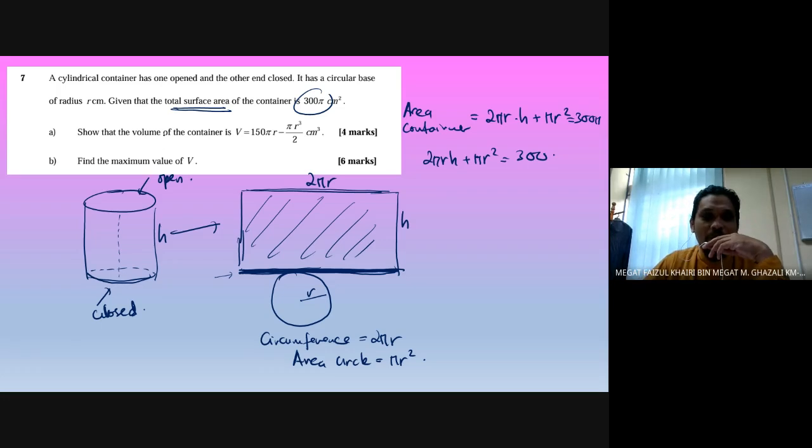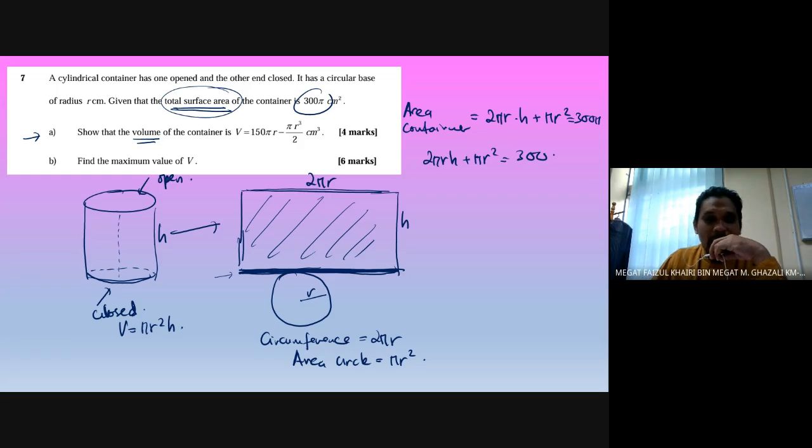Show that the volume is... now the question is telling us the total surface area. The first question is to show that the volume. So what is the formula for the volume of this container? Pi r square h.